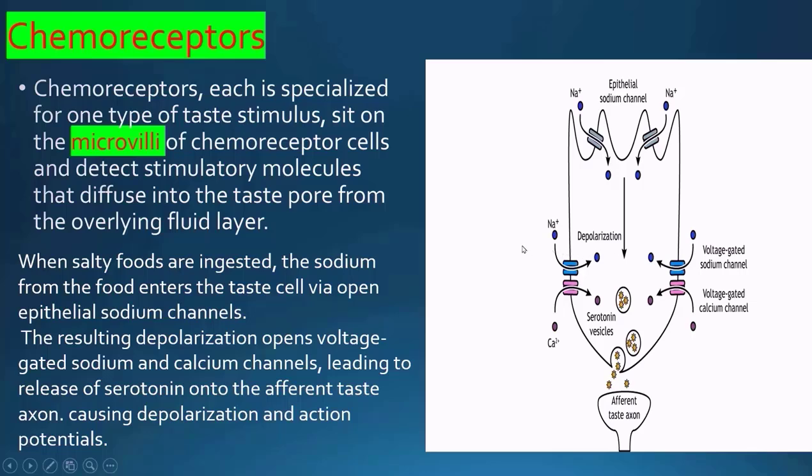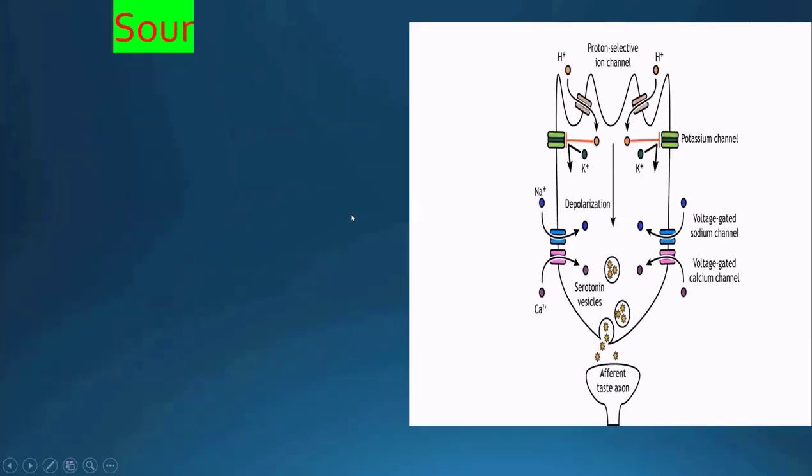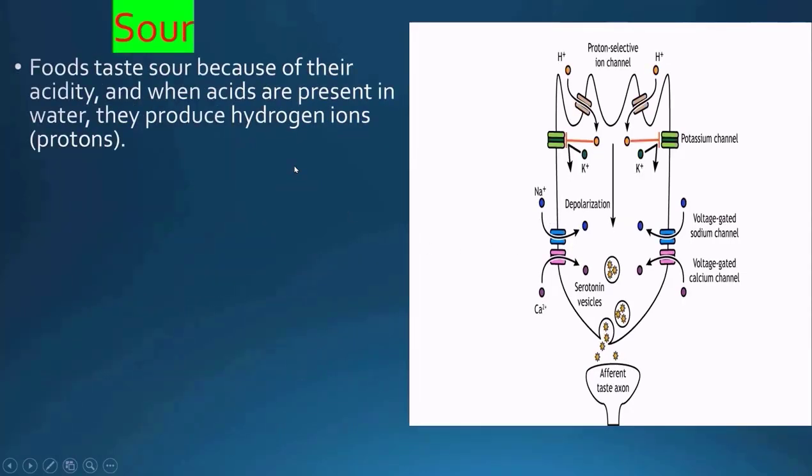Foods taste sour because of their acidity, and when acids are present in water, they produce hydrogen ions, protons. Hydrogen ions are also called protons. Protons enter the cell through an ion channel and they block potassium channels.